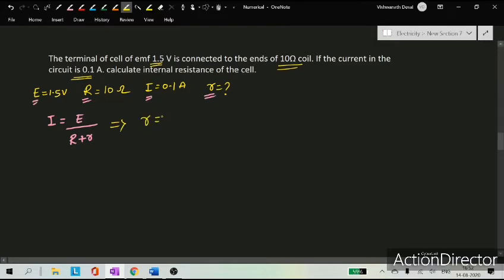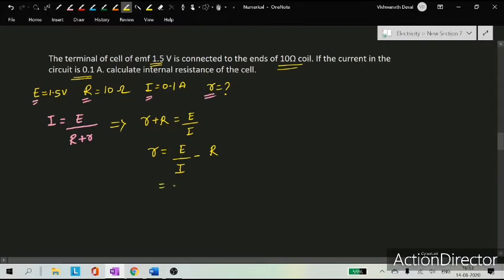Solve for r first. So I will rearrange it. I will take some more steps. R plus r is equal to E divided by I, or r is equal to E divided by I minus R. Is it okay now? Yes. Now calculate the value of r.